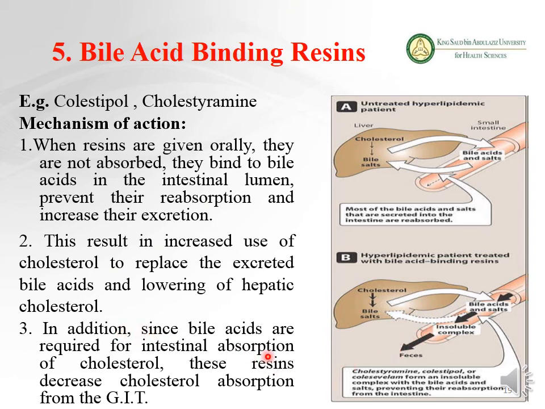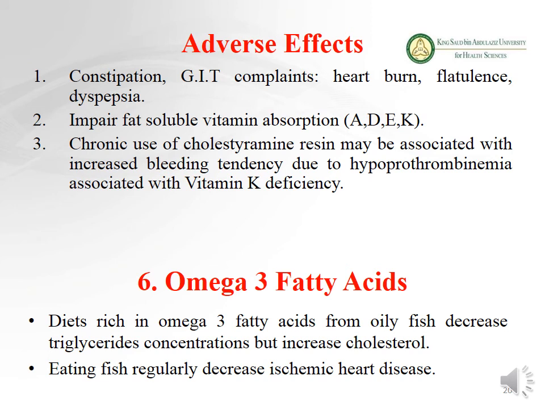Since these bile acids are required for intestinal absorption of cholesterol, we are inhibiting the absorption of cholesterol from the GIT. This also results in increased use of cholesterol to replace the excreted bile acid and lowering of hepatic cholesterol. So these are the effects of bile acid resins, and their side effects are related to the GIT, mainly heartburn, flatulence, or dyspepsia.